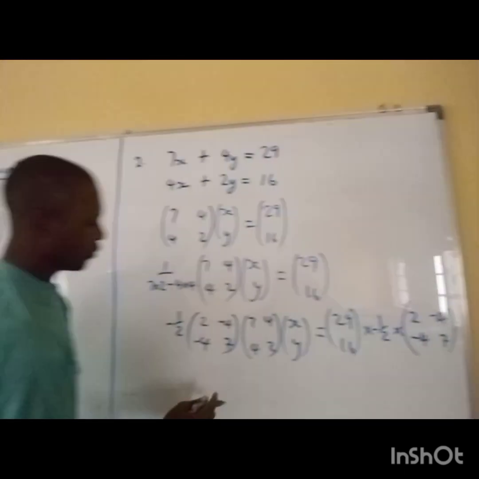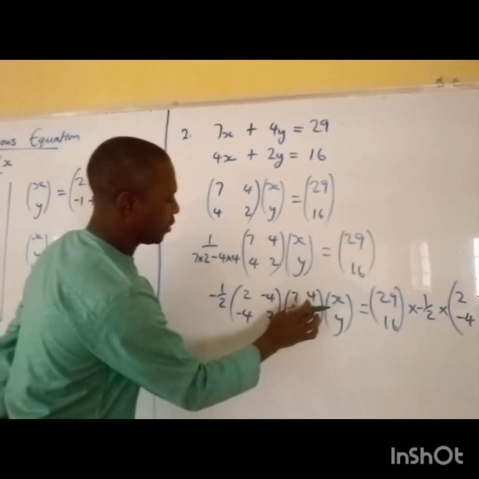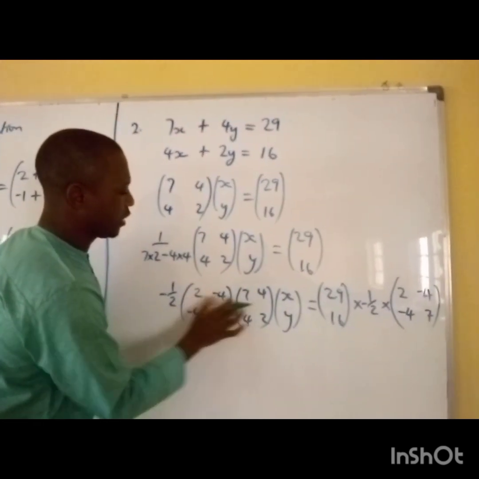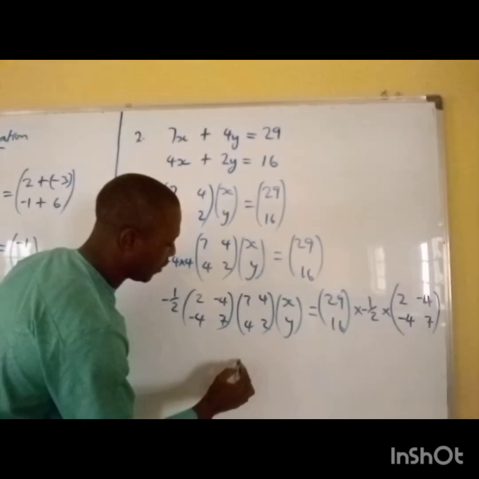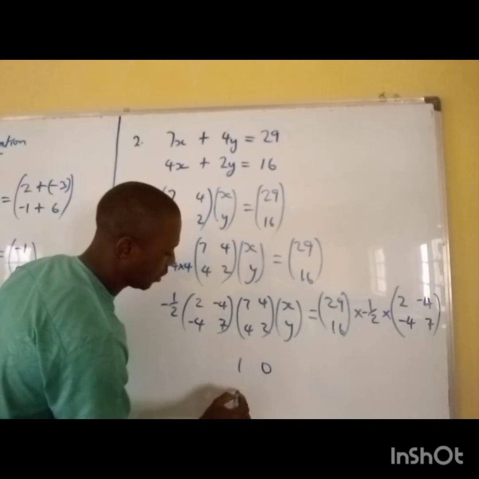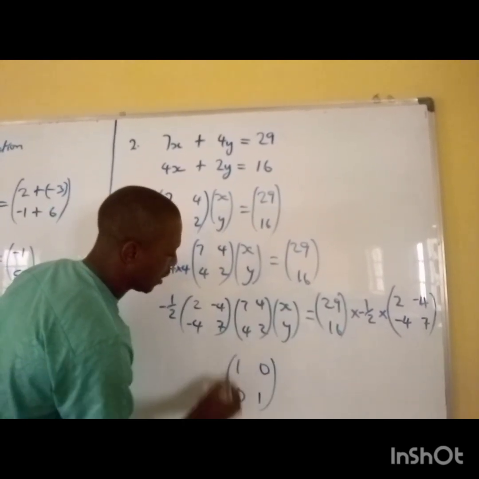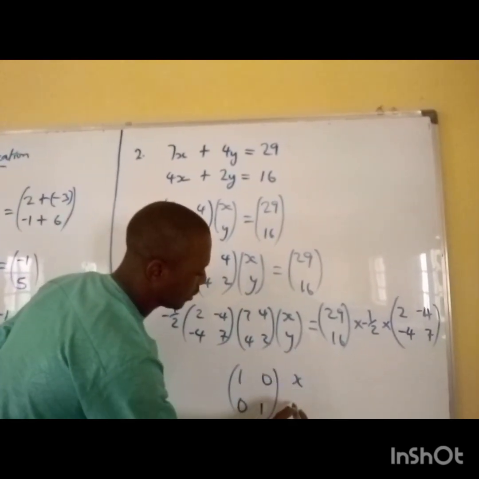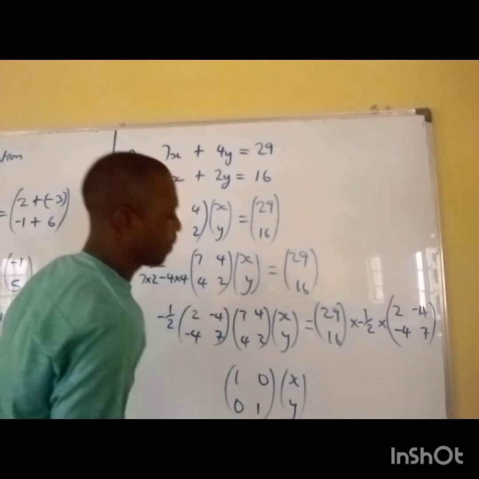Now, the multiplication of this by its inverse will give us 1, 0, 0, 1, and x, y.